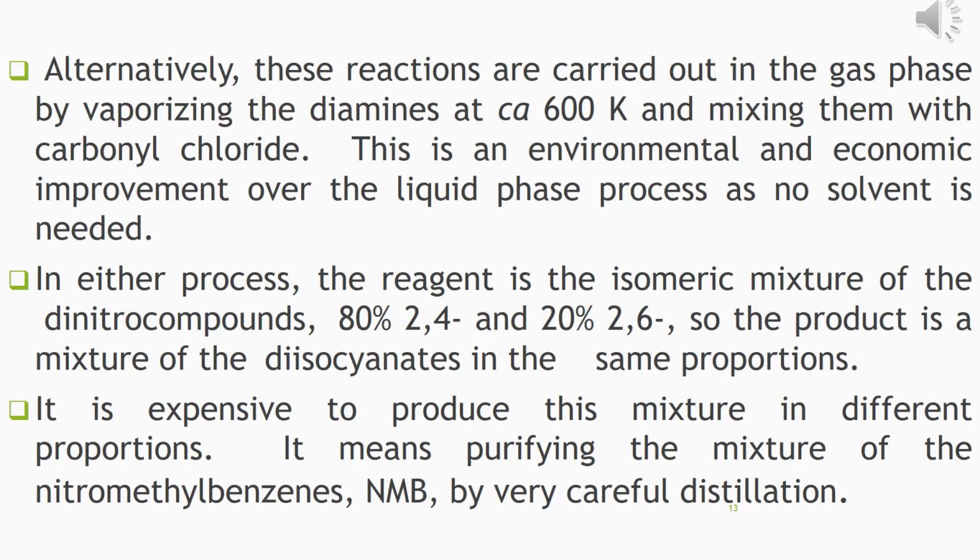In both cases, the proportion of the diisocyanate mixture is the same, and to get any proportion other than the 80 to 20% ratio of 2,4 and 2,6 isomers will be a very expensive process because it will need distillation.